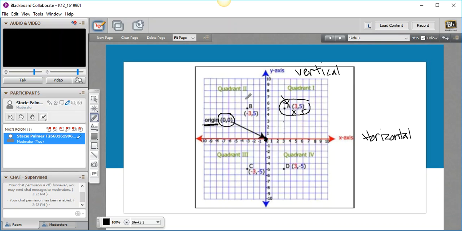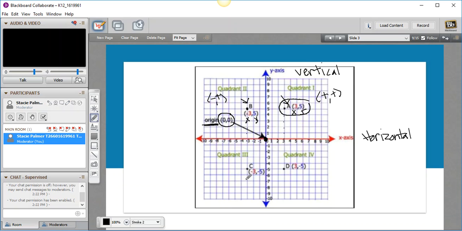Okay, point B is found by moving -3 to the left and up 5. So from the origin, if we move 3 to the left, 1, 2, 3, and up 5, we land right here on point B. Okay, you can see that the x and the y are both positive for A. For this one, you can see that the x is negative and the y is positive.